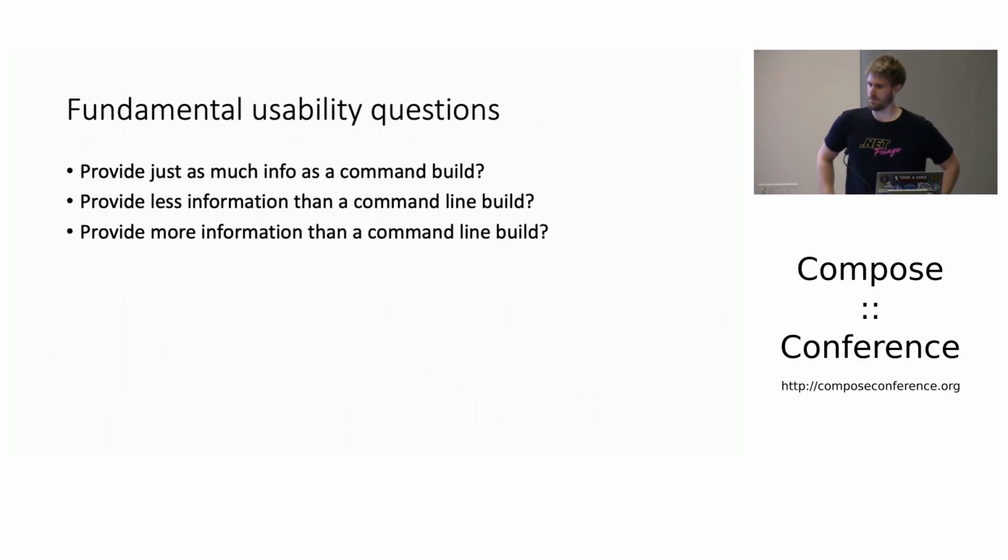So there's sort of three fundamental usability questions here. Do we have the tooling be, I don't know, isomorphic to the compiler? It's weird talking about it in those terms because the tooling is the compiler, but is there a view of the compiler that we want to be equivalent, or do we want to show less information, or do we want to show more information?